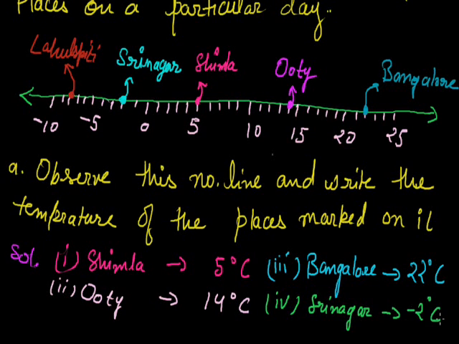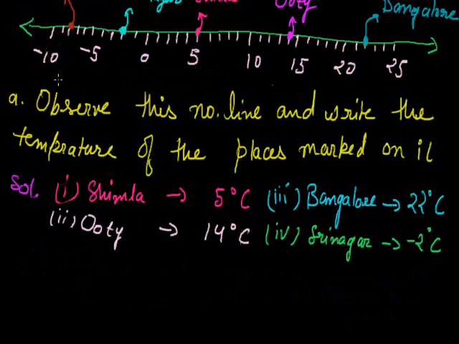Now if we come to Lahul Spiti, we can see from here 1, 2, 3, 4, 5, 6, 7 and 8. On the 8th division of the number line, that is on the left hand side of the number line, we have Lahul Spiti. That means the temperature at Lahul Spiti is minus 8 degree centigrade.